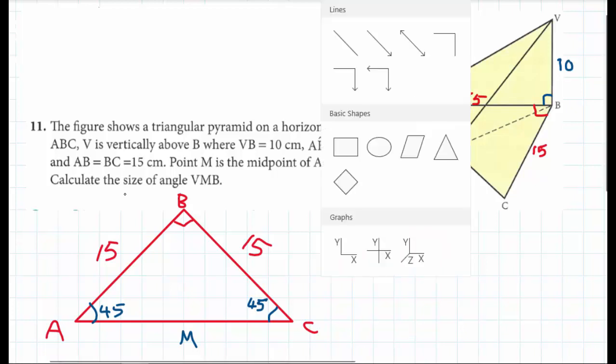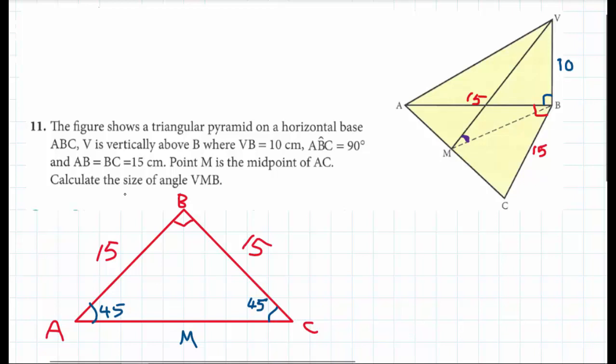Then we need to find the length of this line. How can we do it? Finding the length of this line is easy because we know this length and we know one angle. We can use a trigonometric function to find it.